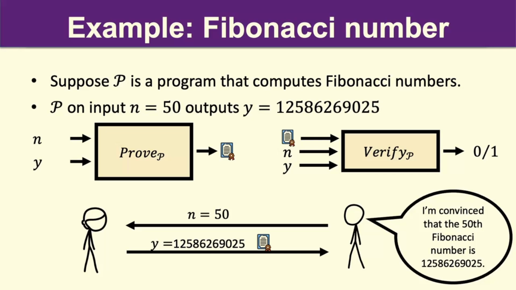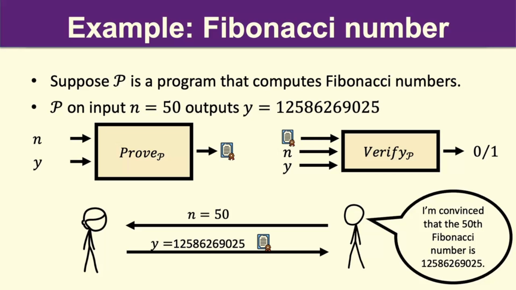So what Alice can do is that on input 50, she can produce the output, and then she produces this certificate, which shows that the 50th Fibonacci number is exactly this value.